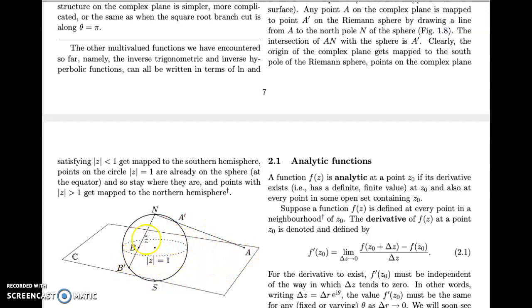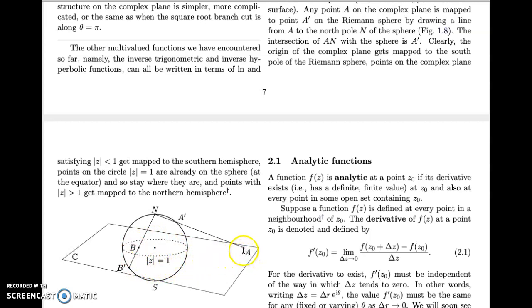Our Riemann sphere is a sphere of radius 1, and I make the equator of this Riemann sphere coincide with mod z equals 1, the unit circle on the complex plane.